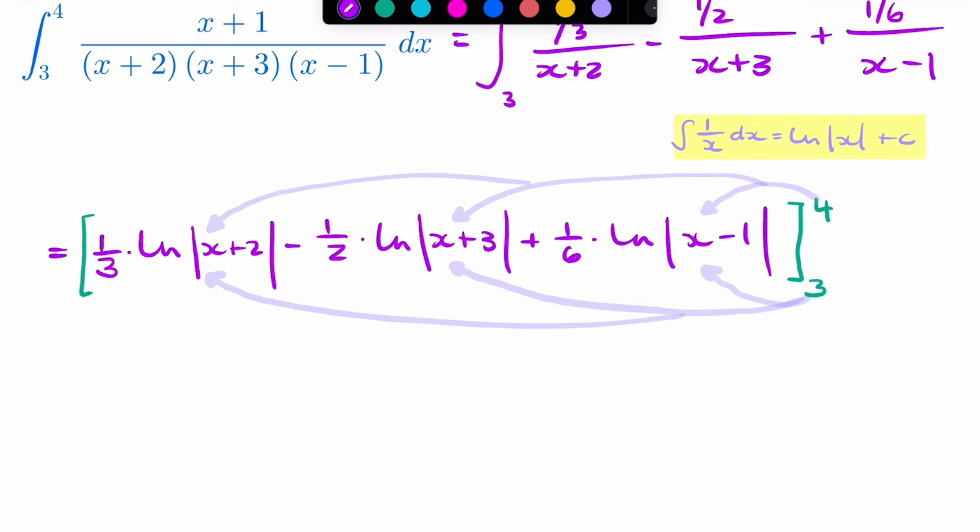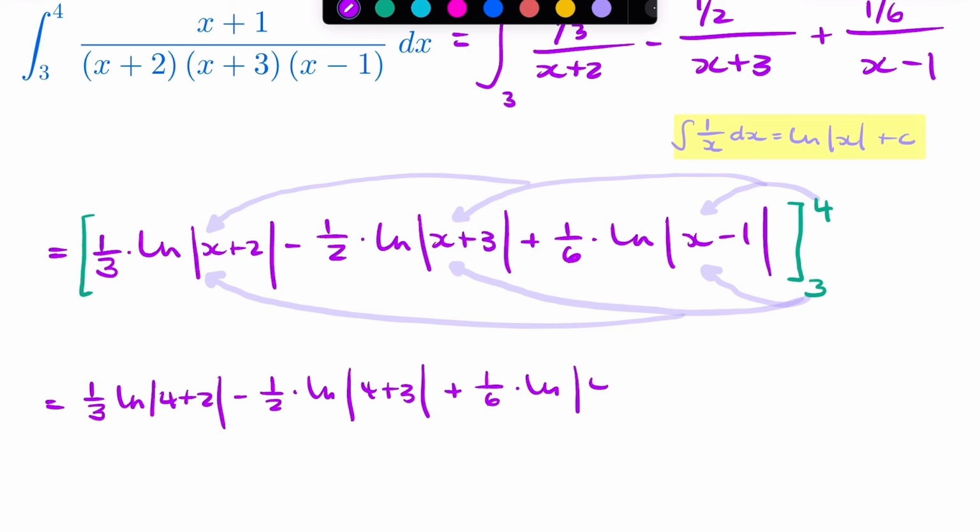So it's 1 over 3 ln 4 plus 2 minus 1 over 2 ln 4 plus 3 plus 1 over 6 ln 4 minus 1.